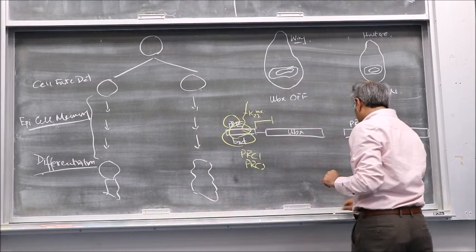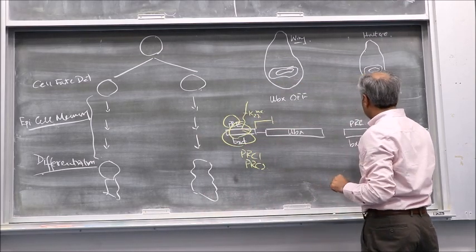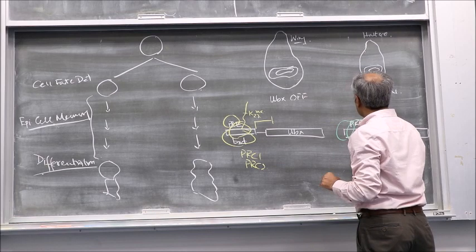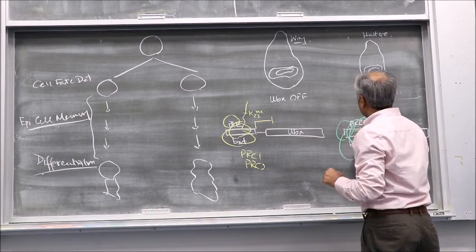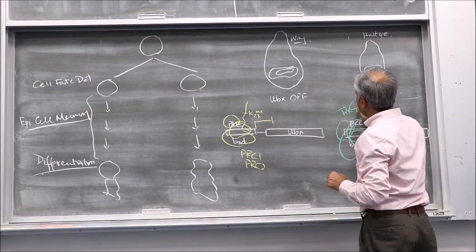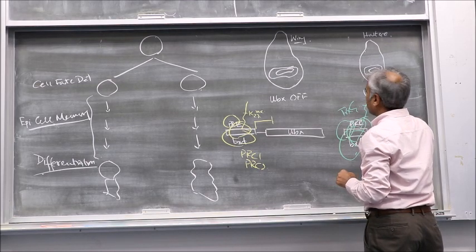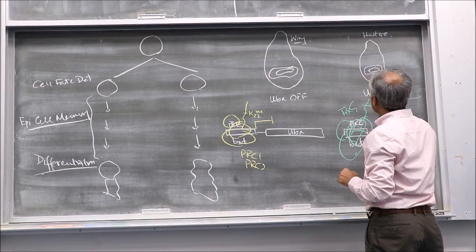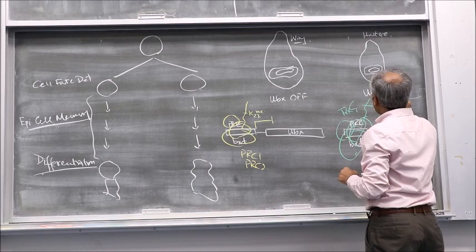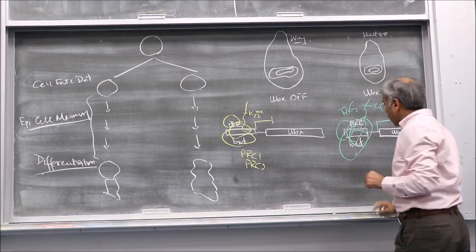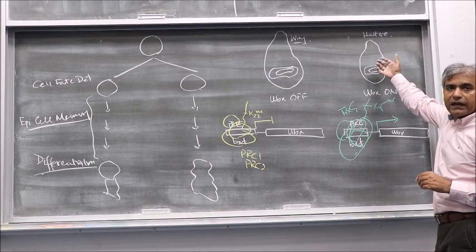And here you will have these trithorax group proteins, and lysine 4 of H3 is trimethylated and UBX is on and cell fate is maintained.